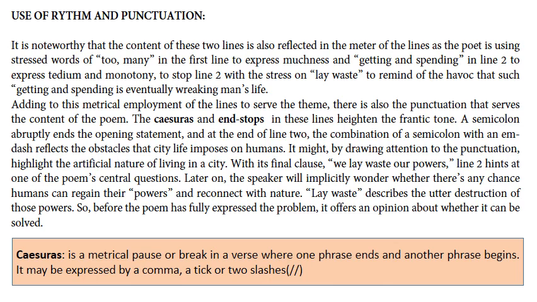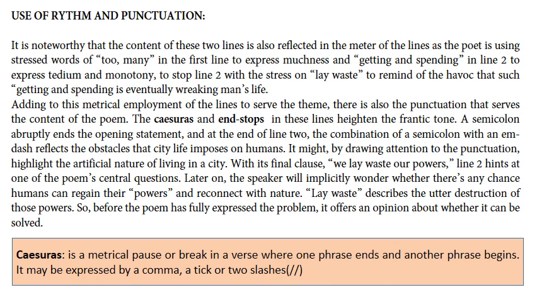With the final close of the second line, we lay waste our powers. In line 2, the writer hints at one of the poem's central questions: where are the powers of men led? Are they led in something profitable? I mean, spiritually, mentally, humanly profitable?